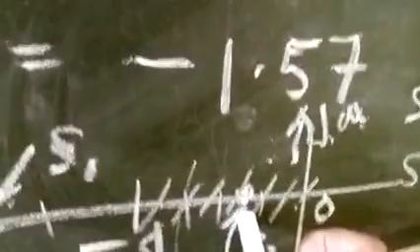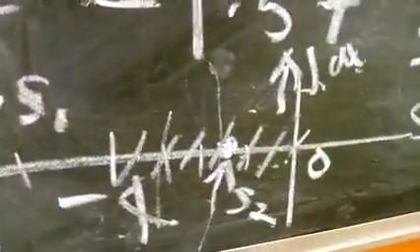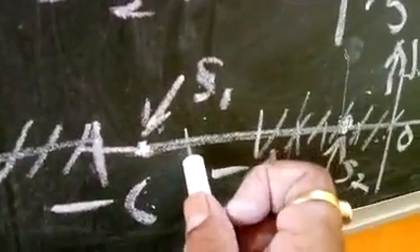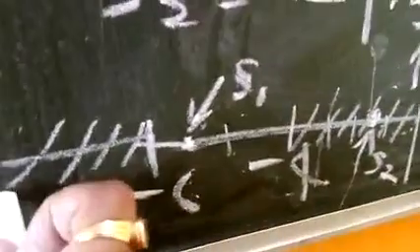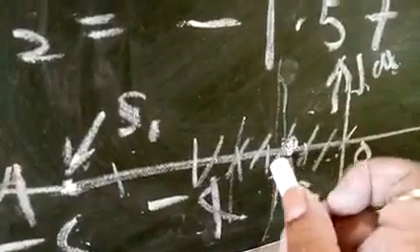Minus 1.57 is a valid point because the root locus exists between minus 4 and 0, and it is possible for the root locus to cut the real axis at this point, but S1 is totally invalid because the root locus does not exist there. The root locus crosses the real axis from either this side or this side, but since we obtained the breakaway point, it is confirmed that the root locus crosses the real axis from this point.